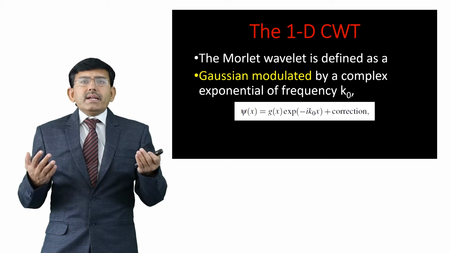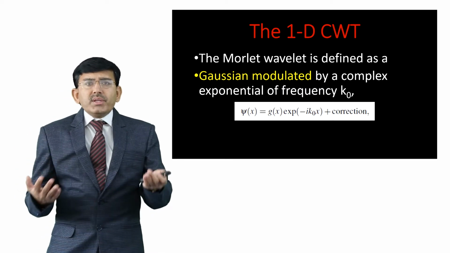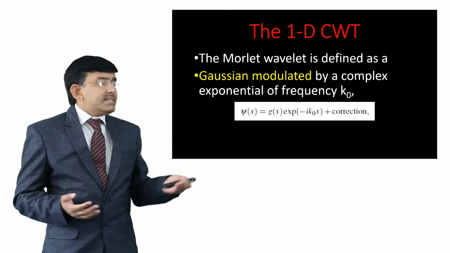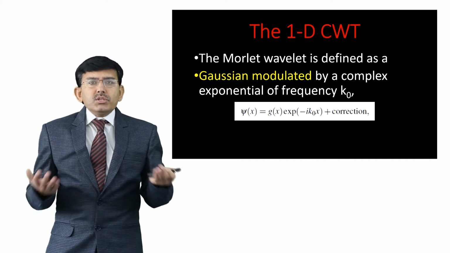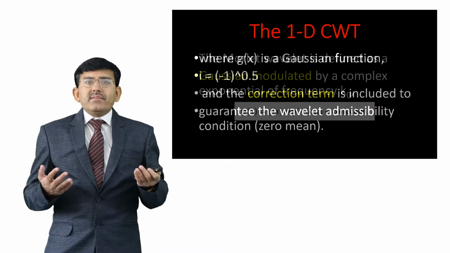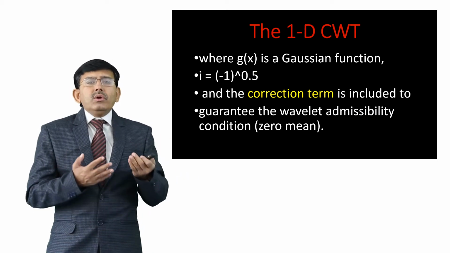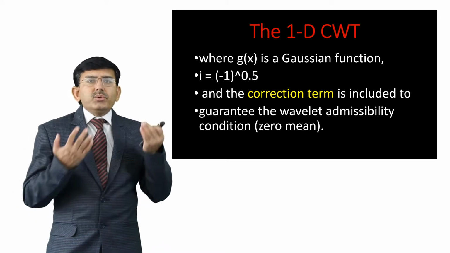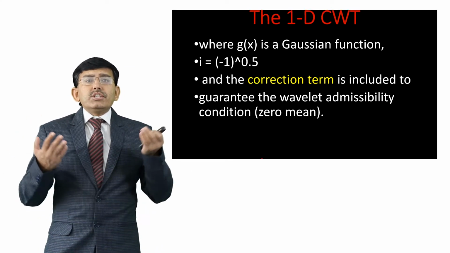The Morlet wavelet is defined as a Gaussian modulated by a complex exponential of frequency k0, where the formula is expressed as psi of x equal to g of x into e to the power minus i k0 x plus correction factor, where g of x is a Gaussian function, i equal to under root minus 1, and the correction term is included to guarantee the wavelet admissibility condition, which is zero mean.